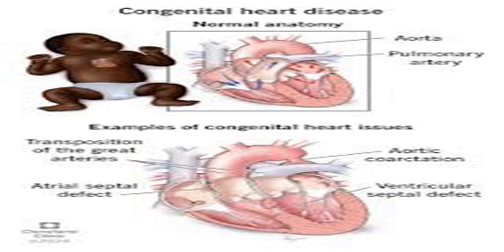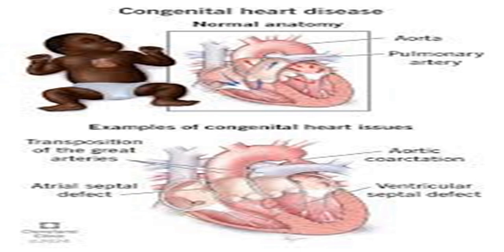Diagnosis: congenital heart defects can be detected before birth, shortly after birth, or later in life depending on the severity and symptoms. Diagnostic methods include prenatal ultrasound. Some congenital heart defects can be detected during pregnancy with specialized imaging like fetal echocardiography, which visualizes the developing heart.